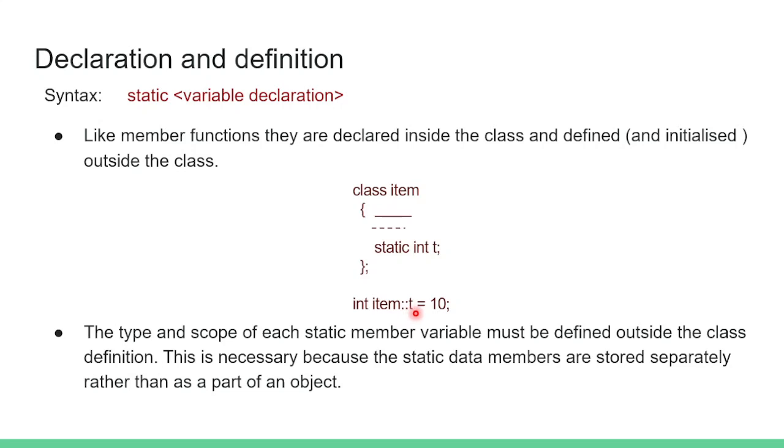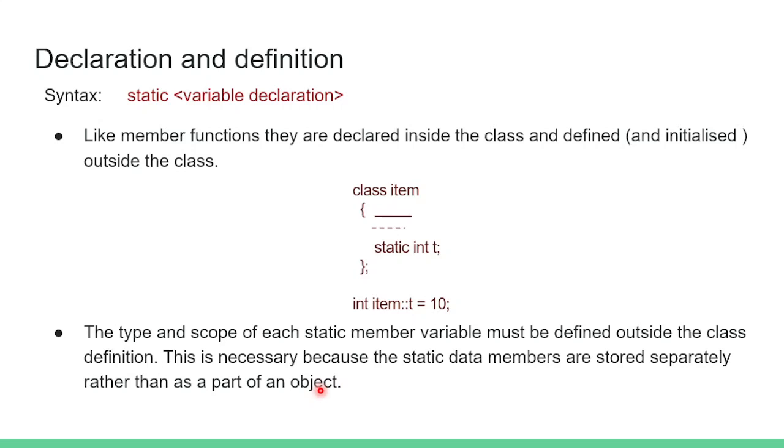So item is the class, and inside that we are going to t and giving it a value of 10. The type and the scope of each static member variable must be defined outside the class definition. This is necessary because the static data members are stored separately rather than as a part of an object.